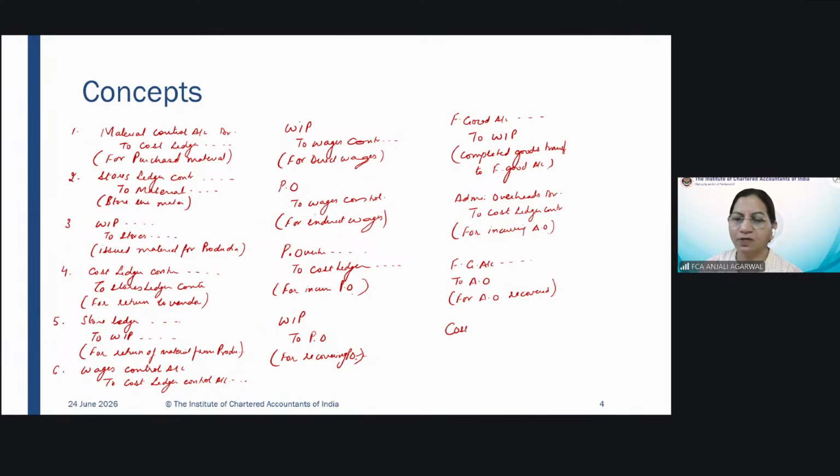So next entry would be cost of goods sold account, to finished goods control account, for selling of completed units. Transferring to cost of goods sold account.